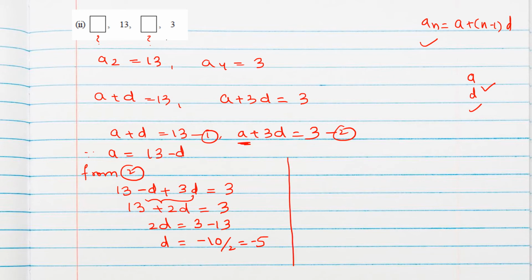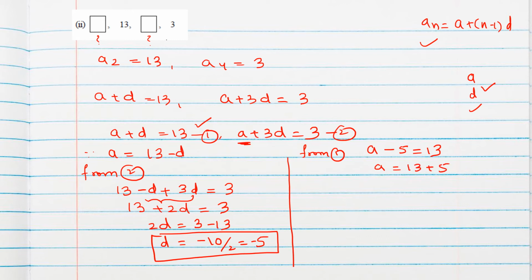After getting minus 5 as the d value, we can substitute in equation 1 to get the value of a. Any other equation, means in 1 also you can put, in 2 also you can put. Okay, so now from 1, suppose d is minus 5, a plus d equal to 13. So a is 13 plus 5, 18. Now a also we got here. Now since a is the first term, we got already 18.